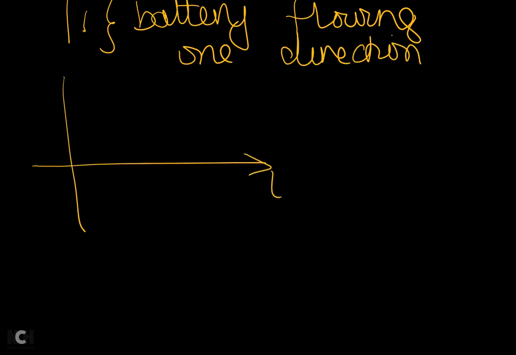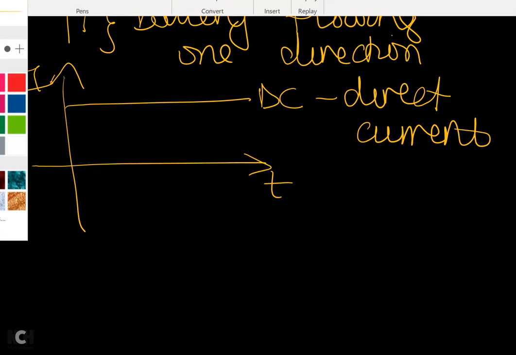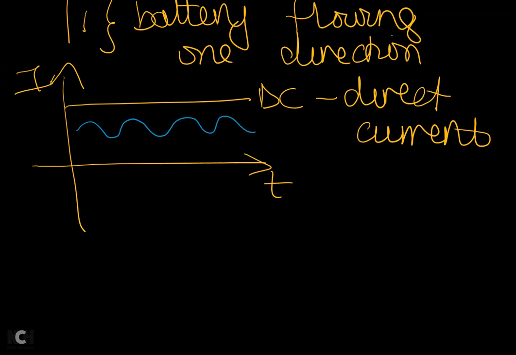So here, if I have a current-time graph, I could show the current being a flat line, and this is what I call a DC value because it is a direct current. The current is flowing in one particular direction. Now, many times your direct current tends to be a constant value. You could also show it slightly rippled, which means it's approximately the same value.